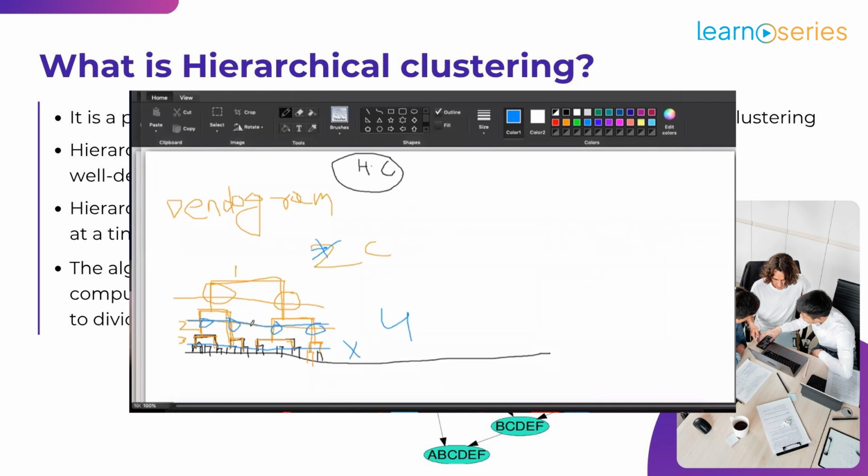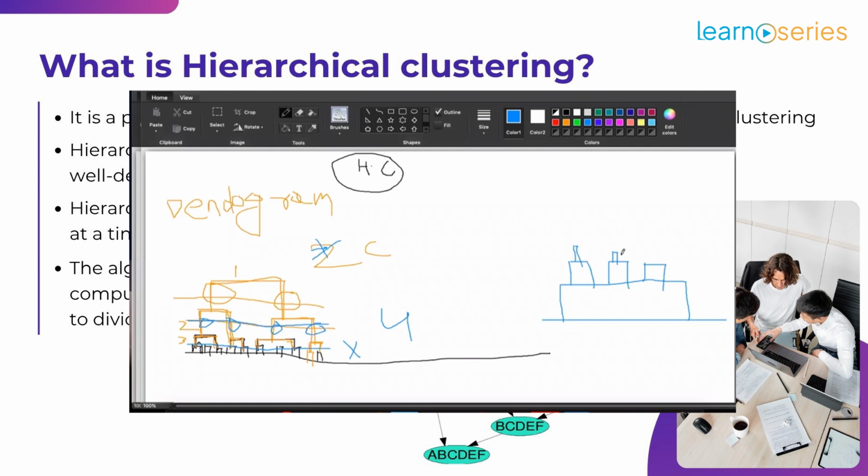One method is merging the clusters based on their distance, so we are not dividing. Another way is to assume all the data points are in a single cluster and then try to divide it. That's the top down, and the other is the bottom up.